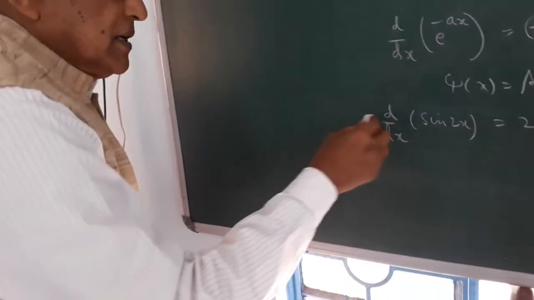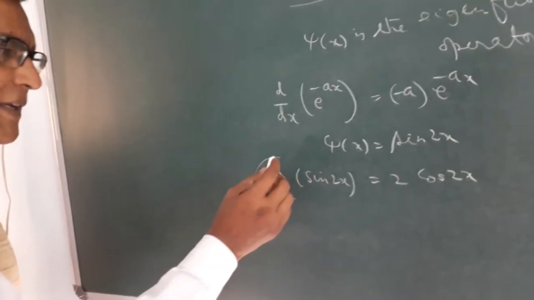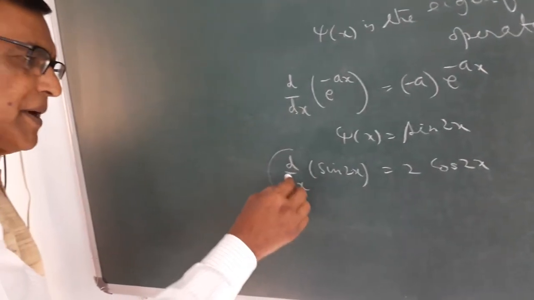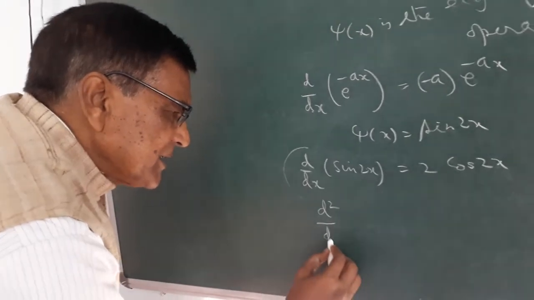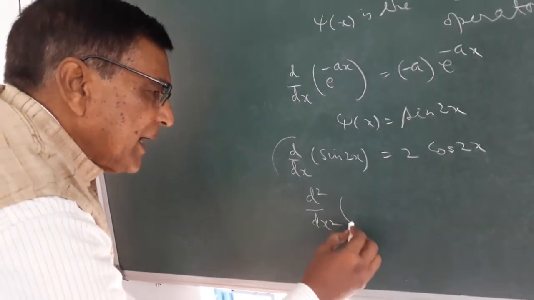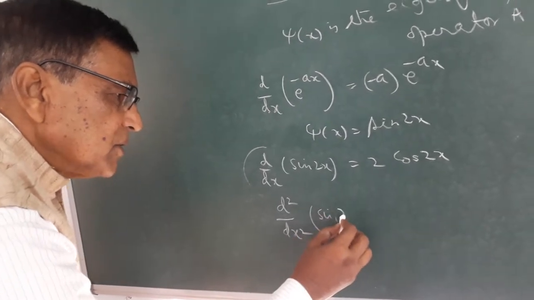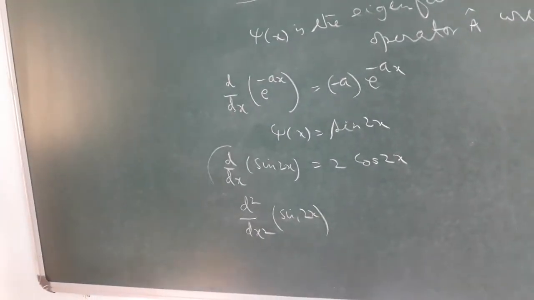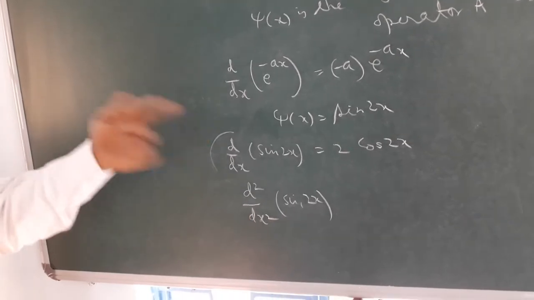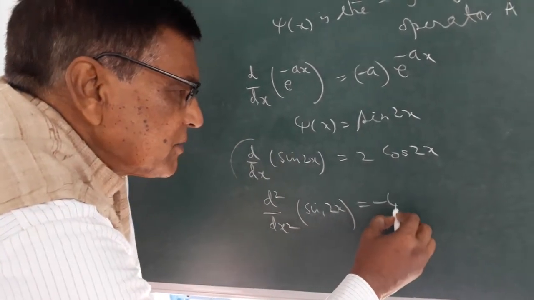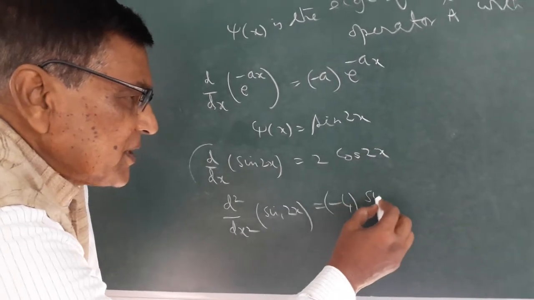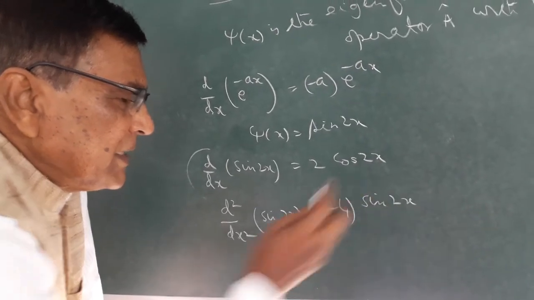So sine 2x is not an eigenfunction of the operator d/dx. But if we write d²/dx² on sine 2x, it means d/dx is operated twice on sine 2x. It will give minus 4 into sine 2x.